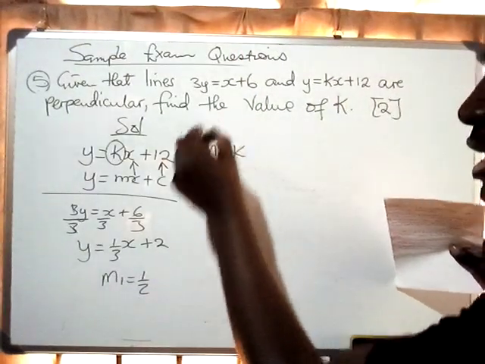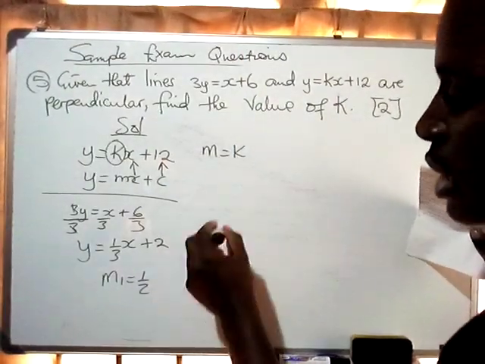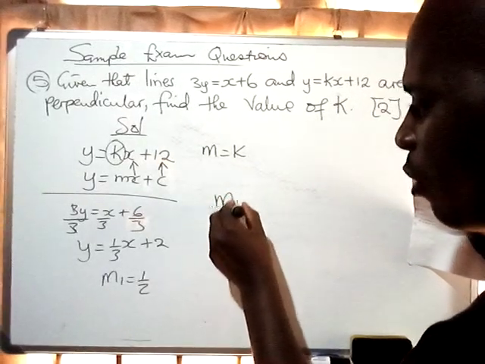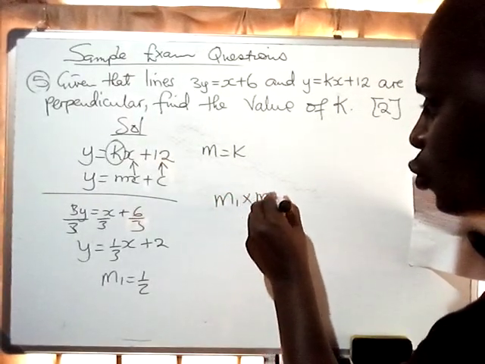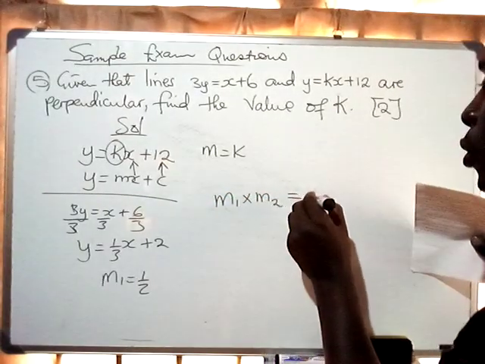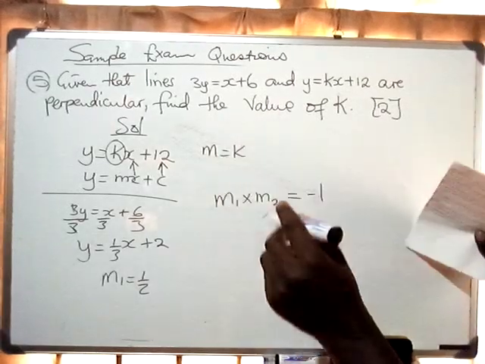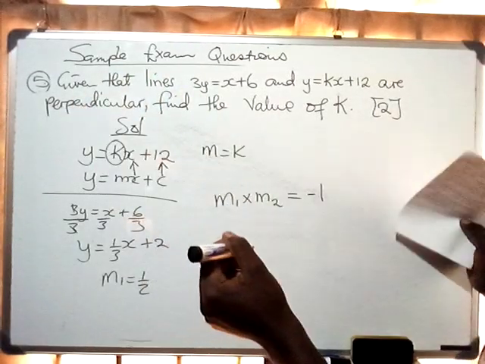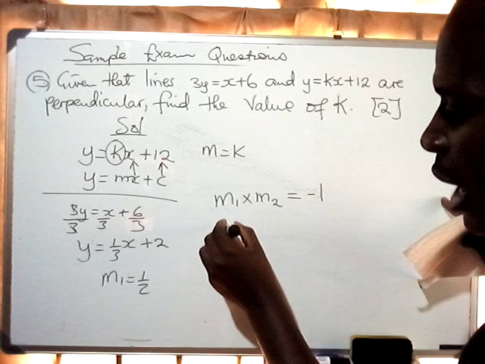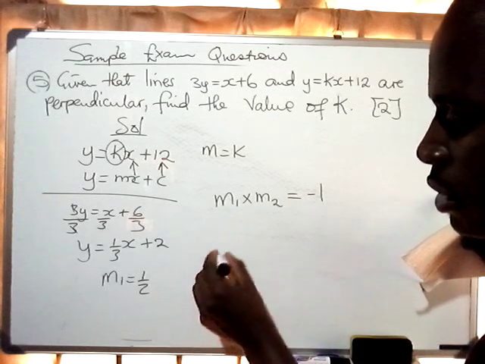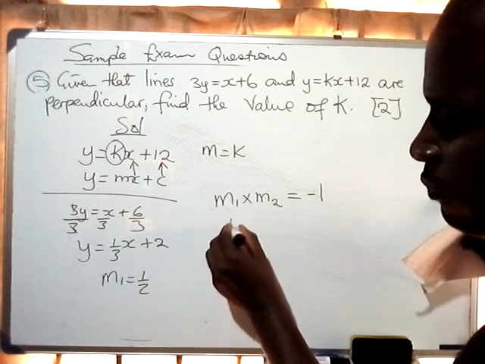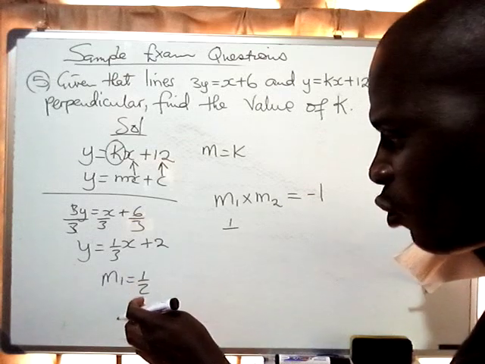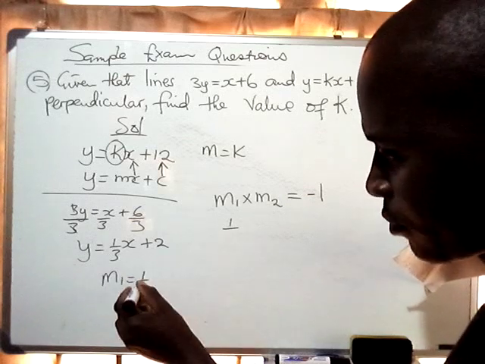So now finding k, we say m1 multiplied by m2 is equal to -1, because the two lines are perpendicular to each other. So now what is m1? m1 is 1 over 3.